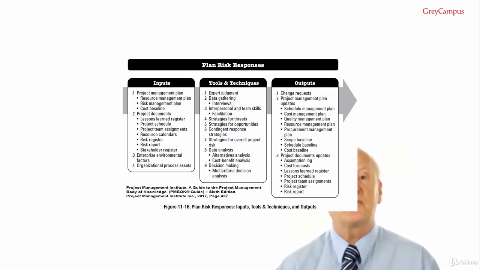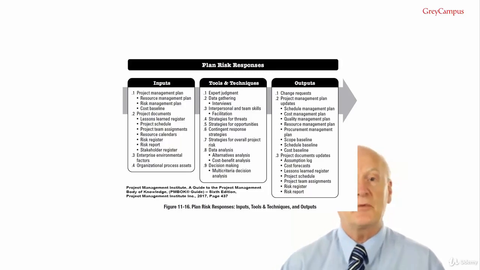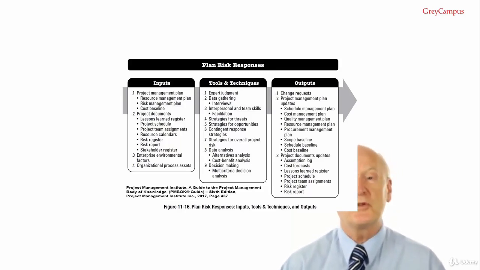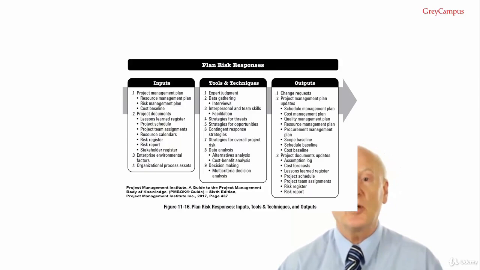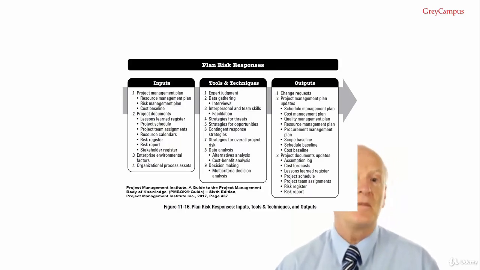The accept response for opportunities is similar to the accept response for threats. Accepting an opportunity acknowledges its existence, but no proactive action is taken. The strategy may be appropriate for low-level opportunities, and it may also be adopted where it's not possible or cost-effective to address an opportunity in any other way.